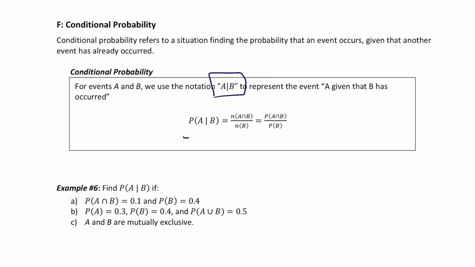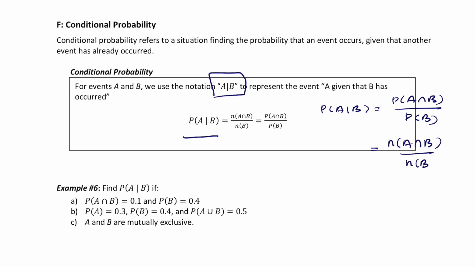And we can calculate this P of A bar B using the formula P A intersect B over PB, or we can also just use the number of the samples in an event, meaning N A intersect B over NB.